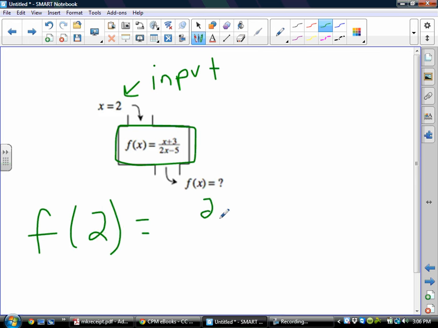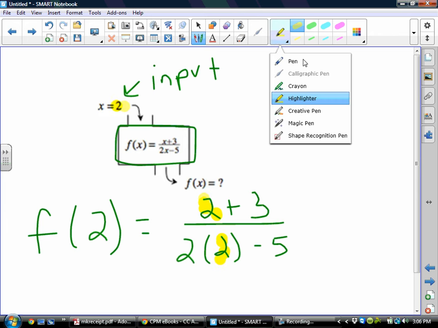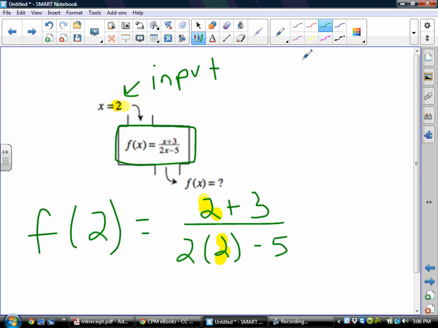So instead of having x plus 3, I'm going to say 2 plus 3. And instead of saying 2 times x, I'm saying 2 times 2, minus 5. Okay. So let me show you this 2 and this 2 are the same x values that we just got from up there.